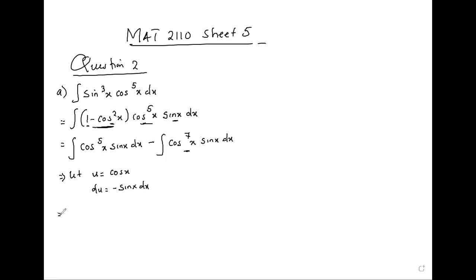So we're going to have u^5 minus du, and then this one will be plus now, u^7 du. Now why is it plus? Because we want to put this minus outside. Then there's already a minus, so it becomes plus.